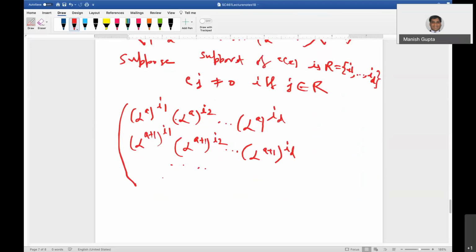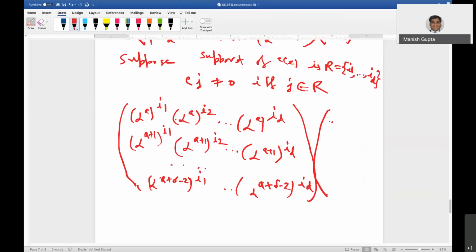Dot dot dot, alpha raised to power a plus delta minus 2 times i1, up to alpha raised to power a plus delta minus 2 times iD, times our non-zero elements Ci1, Ci2, and so on. I am only writing the non-zero things, that's all, equal to 0, right?